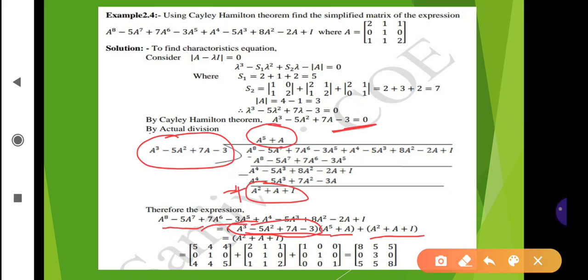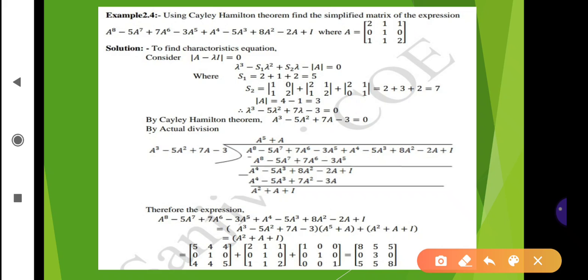So when you put the bracket, the first bracket value is 0, so the whole first term is 0. So it remains only the second term. The second term is A square plus A plus I. So you will get only this expression. That means the whole expression is simplified as A square plus A plus I.